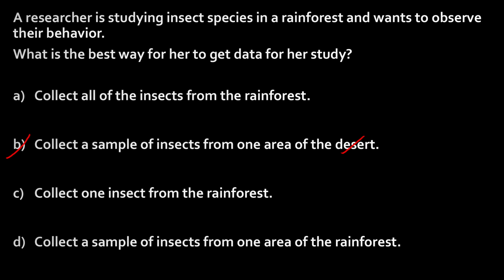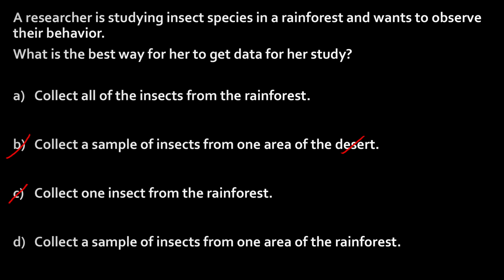Well, if you wanted to do a study on birds, and you only studied one bird out of the hundreds of different species of birds there are, that doesn't give you a pretty good idea of all the birds, right? It's just that one. And then D says collect a sample of insects from one area of the rainforest. Between our two options left, the first one is collect all of the insects, and the last one is collect a sample of insects from one area of the rainforest.